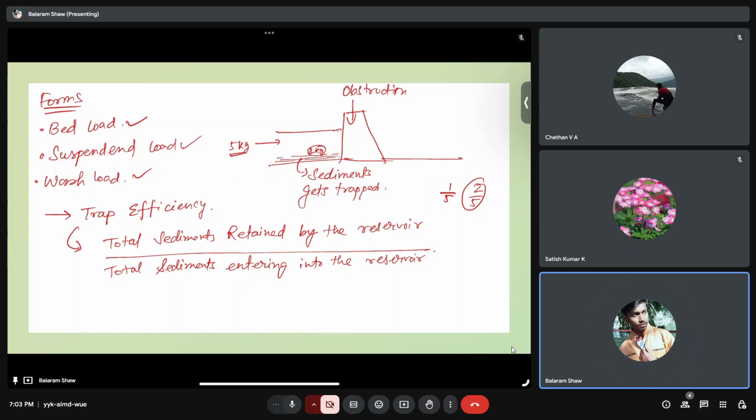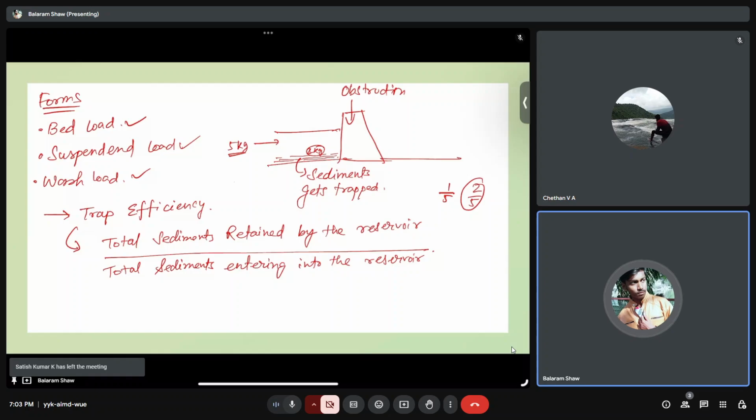Reservoir sedimentation will depend upon this trap efficiency, which decides the amount of sediments deposited within the reservoir. There are several factors that influence the trap efficiency, like the retention time of the runoff and sediment particles, and the settling velocity of the sediment particles.